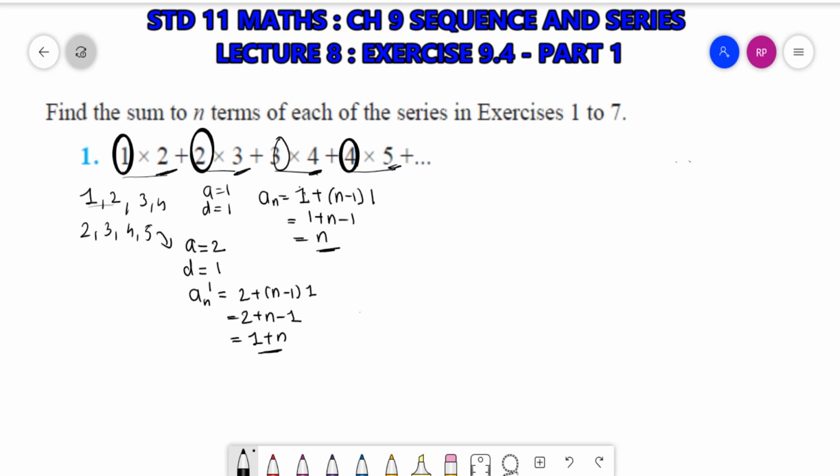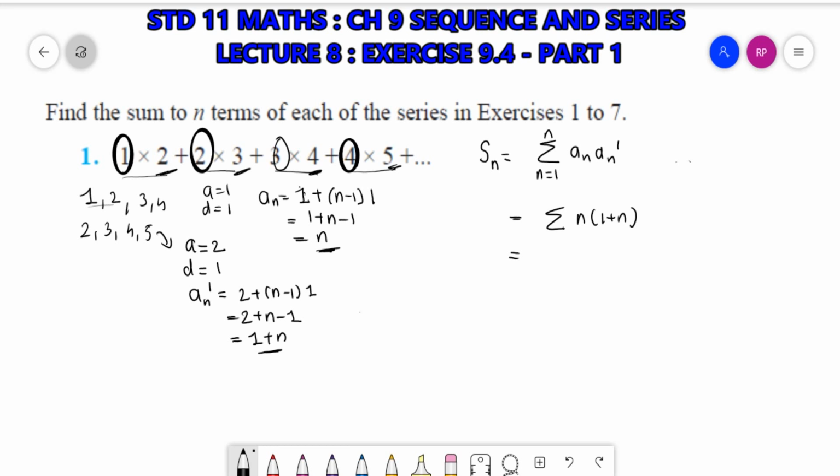Okay, so now I can write down that the sum is the summation of an into an dash, when n is equal to 1 to n. So this will be equal to the summation of an, that is n, and an dash, that is 1 plus n.